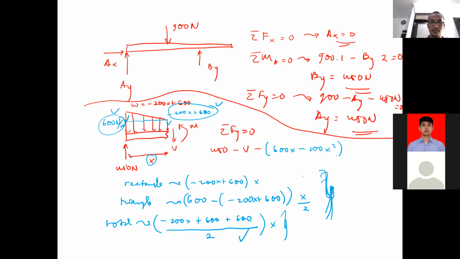That's the total of this, right? 600 plus 600, 1200 divided by 2 is 600, multiplied by x, 600x, and minus 200x divided by 2 is minus 100x, multiplied by x is 100x squared, like this. And the total is supposed to be equal to 0.